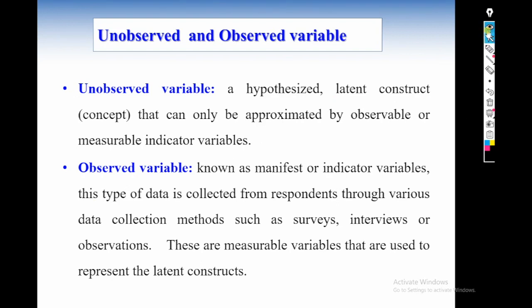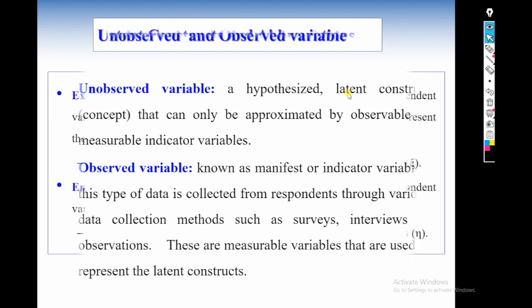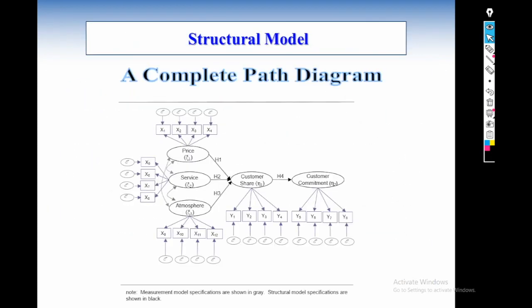So this is the path diagram. In this path diagram you can see the unobserved variables. Price is an unobserved variable, service is unobserved, atmosphere is unobserved, customer share is unobserved, and all the variables x1, x2, x3, x4, x5 are observed or measured variables, or these are questions in our study.